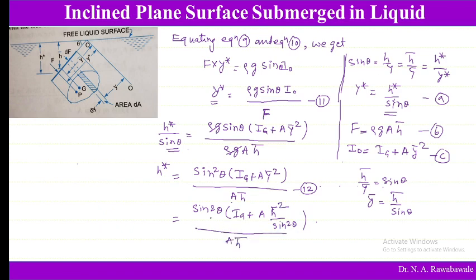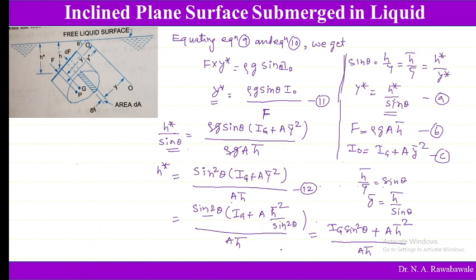So if we take this sin square theta in this bracket, we can write Ig sin square theta plus sin square theta in denominator, sin square theta in numerator gets cancelled. So we get A h bar square whole divided by A h bar.